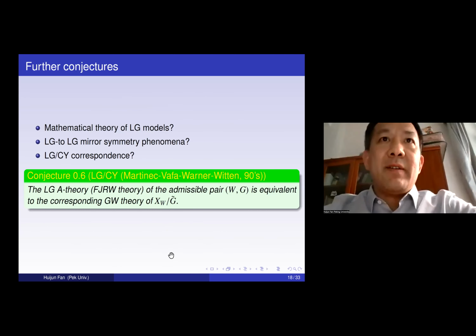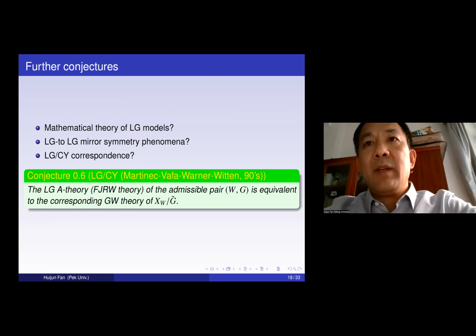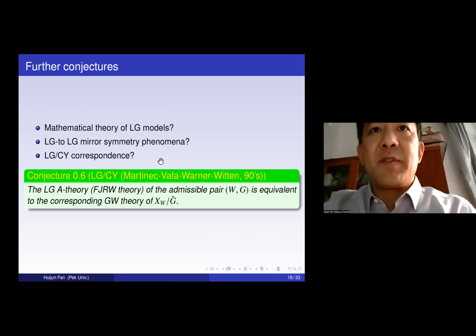And now we consider the conjectures related to the Landau-Ginzburg model. What is the mathematical theory of LG models? That should be the LG-to-LG mirror symmetry phenomenon. And what is the LG-CY correspondence? Here I just mention one conjecture on the LG-CY correspondence. This conjecture was proposed by the physicists Witten, Vafa, and Martinec in the 1980s and 90s of last century.